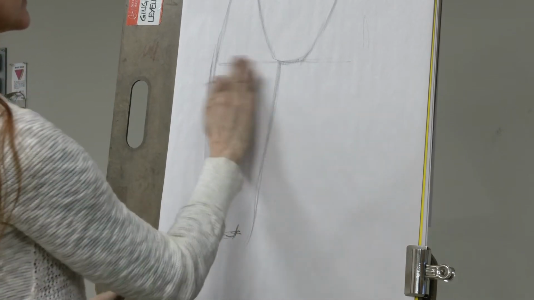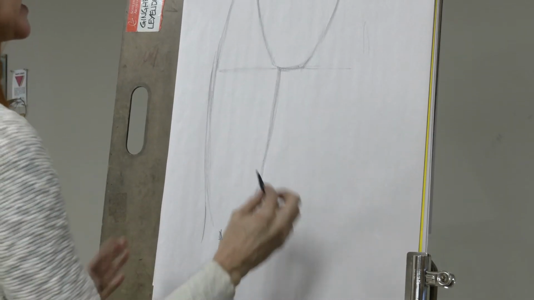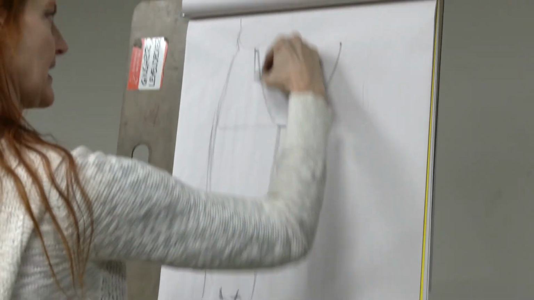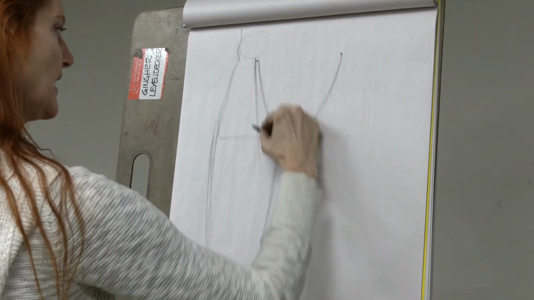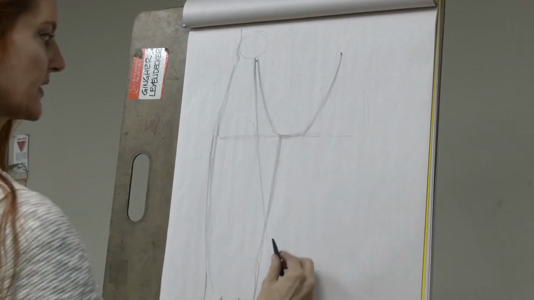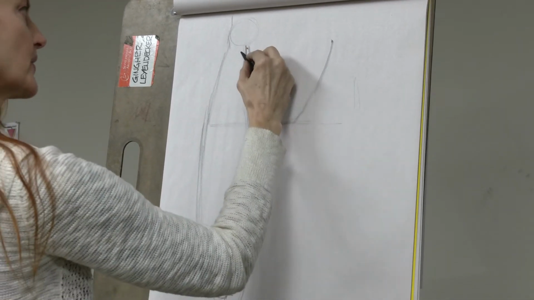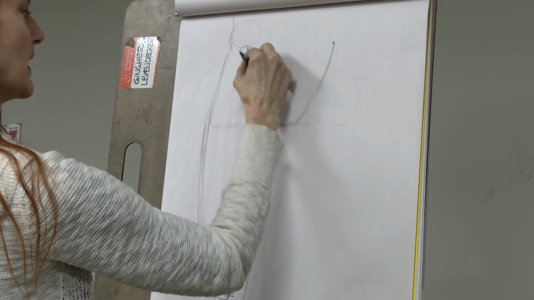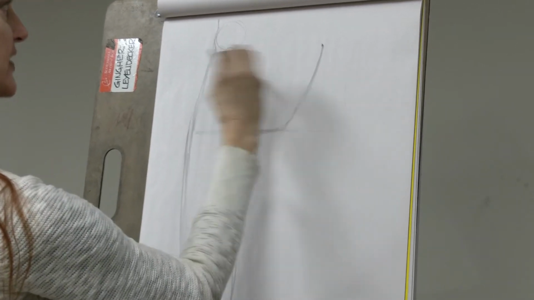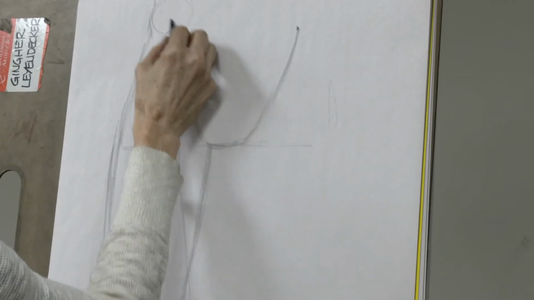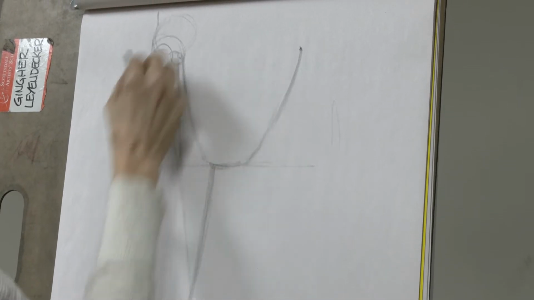So this is easy. This is what we always do in life drawing, and we always also look for this line right here. We're usually looking for that line that shows us the adductors, but now we know what that line actually is, and that line is the Sartorius. And if this is the point of the pelvis, it's not just a little point, but the whole crest of the pelvis coming around like this.